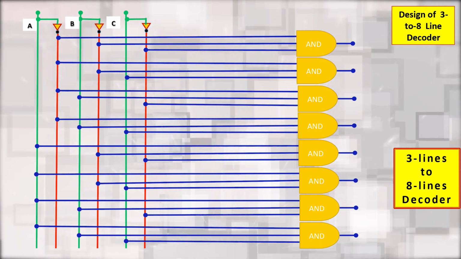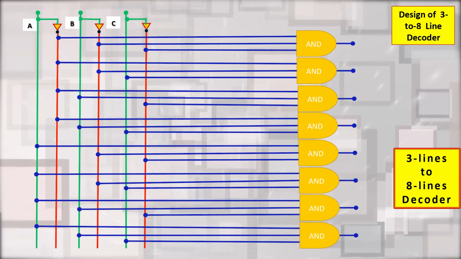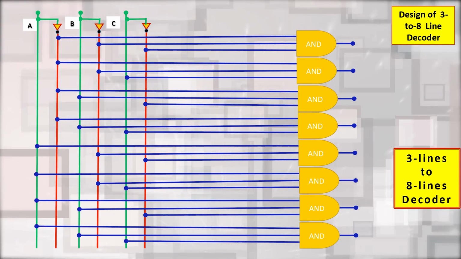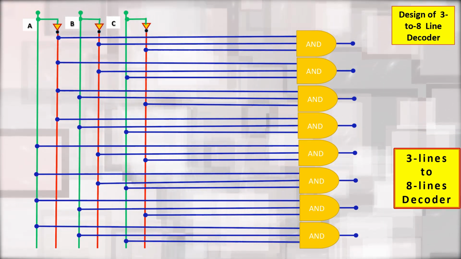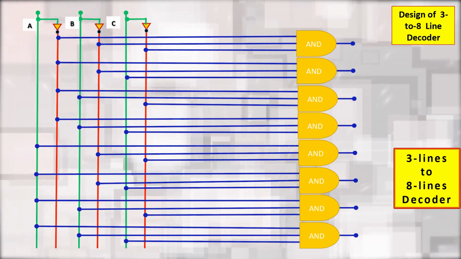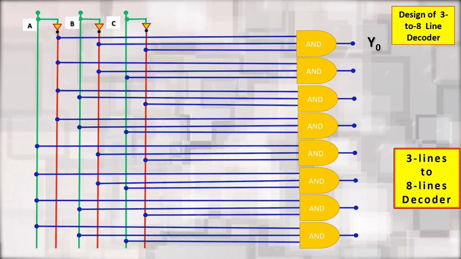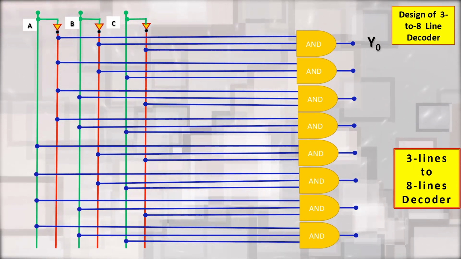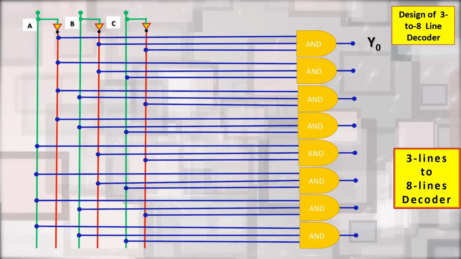Similarly, the input B and B bar, C and C bar. So, for the first AND gate, which corresponds to the output Y0, the A bar, B bar and C bar will be connected with the input of the first AND gate.